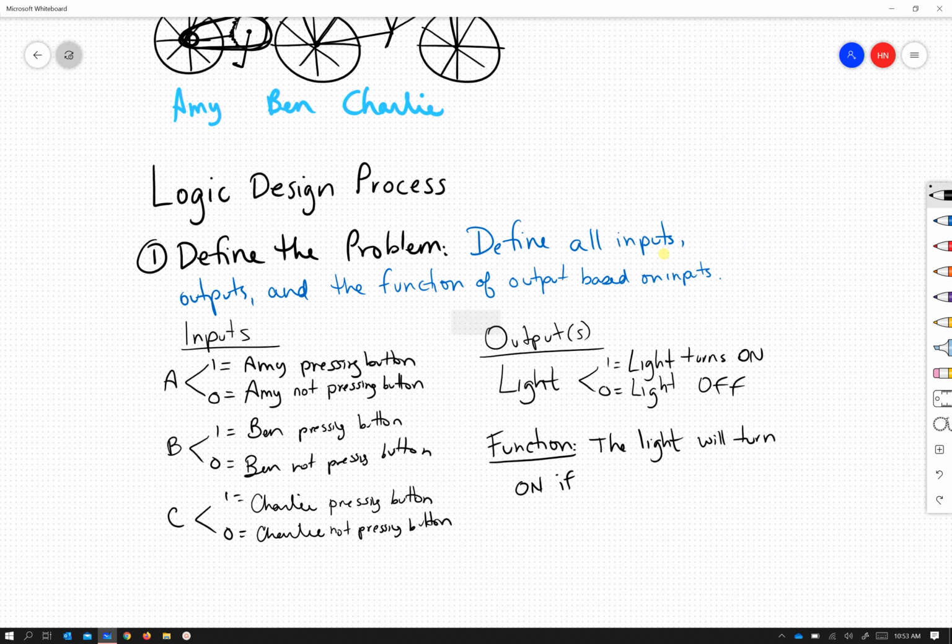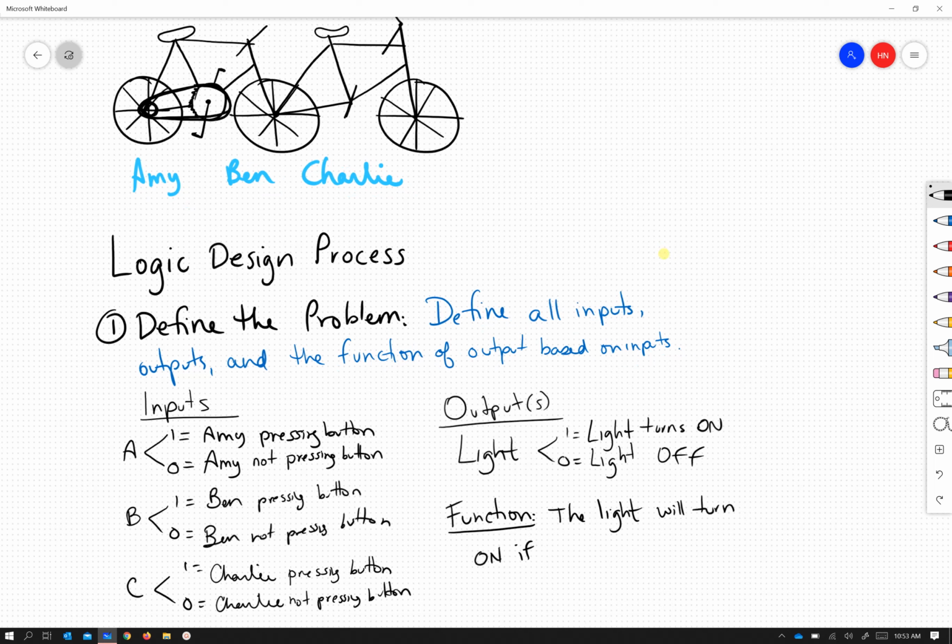So for our example here, we have this bicycle, or not a bicycle, it's a tandem cycle. So we have this cycle that can only sit 2 people safely. If one person is there only pressing the button, then one person alone cannot ride the bike. And it requires 2 people because the front one is the one driving and the other one is pushing. So it has to be exactly 2 people, and 3 people, it is not safe, right?